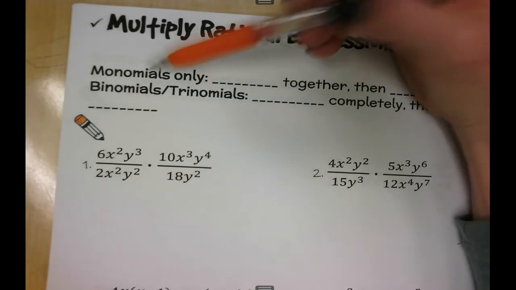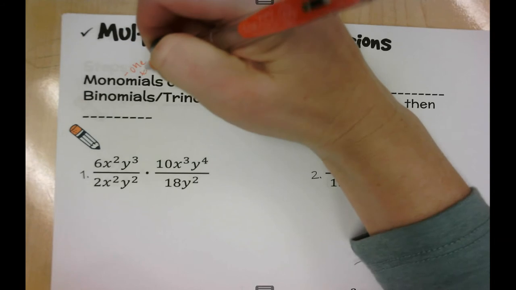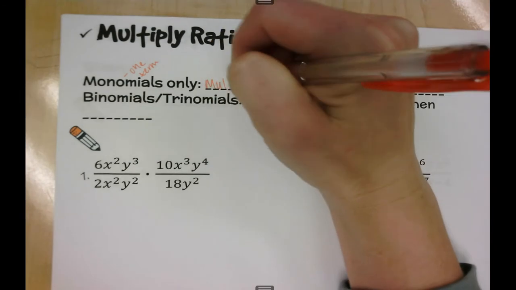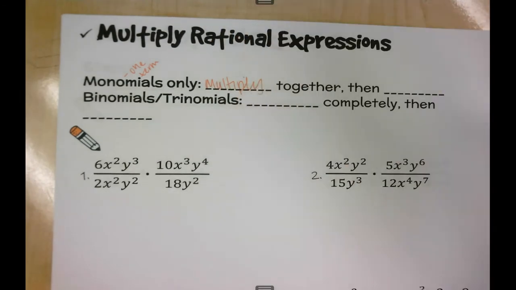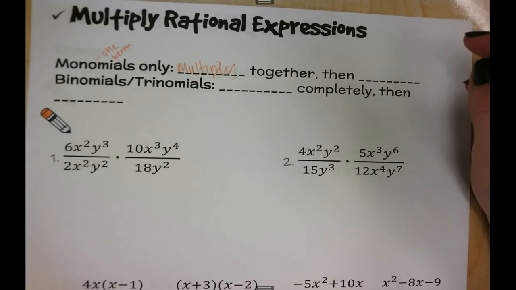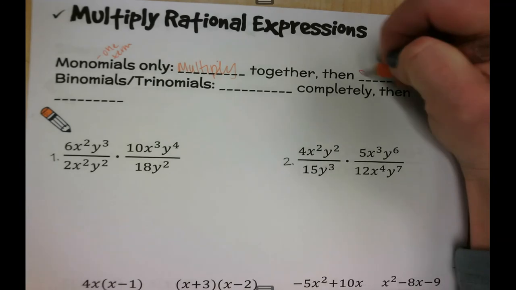So if we have monomials, ones with one term, remember, then we can multiply together our common terms. We'll multiply the numbers and then the variables, and then we will simplify.